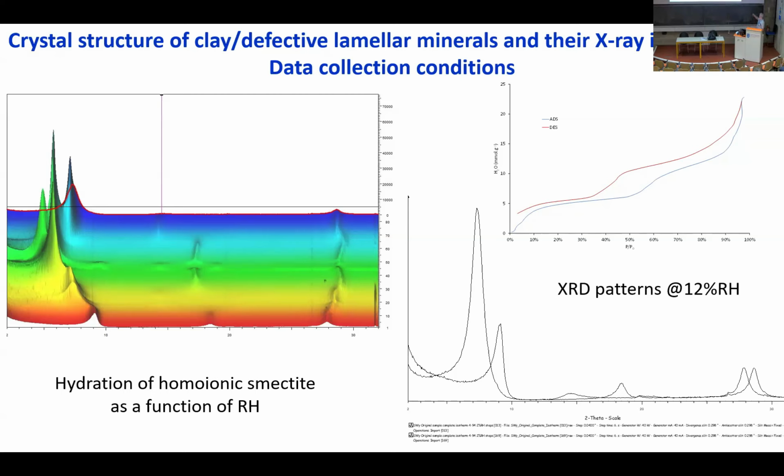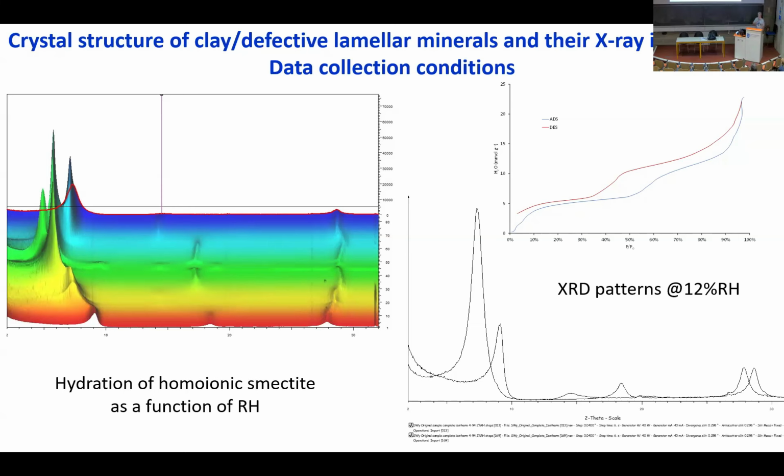But we also see that there is a hysteresis. And these are 2 diffraction patterns that were taken on the same homoionic smectite at 12% relative humidity, one along the adsorption branch of the isotherm, this one here, and one along the desorption branch here. And you can see that they are not the same either.